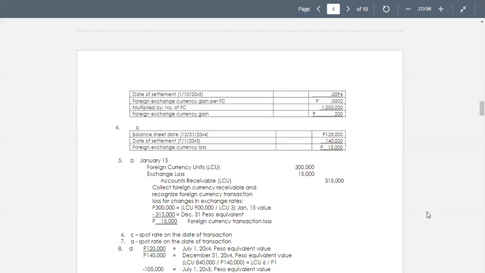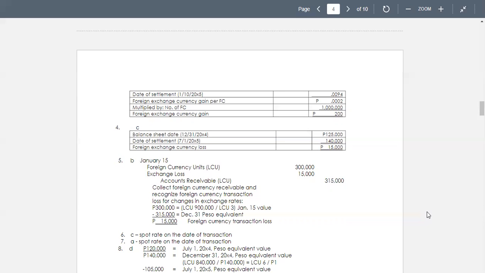The LCU 900,000 divided by LCU 3 on January 15, that's the value. So we get 300,000. So that's the January 15 rate.